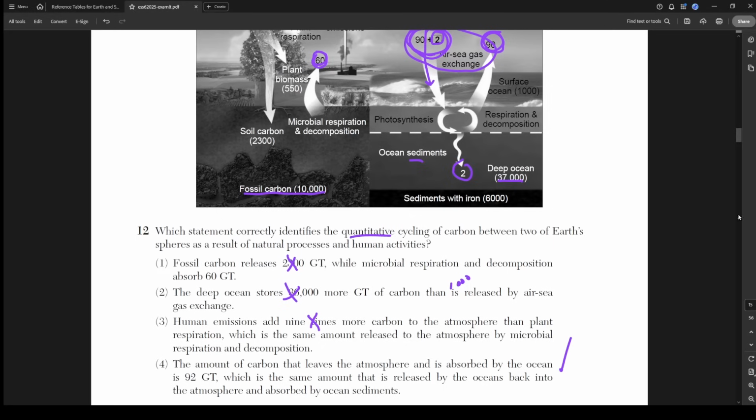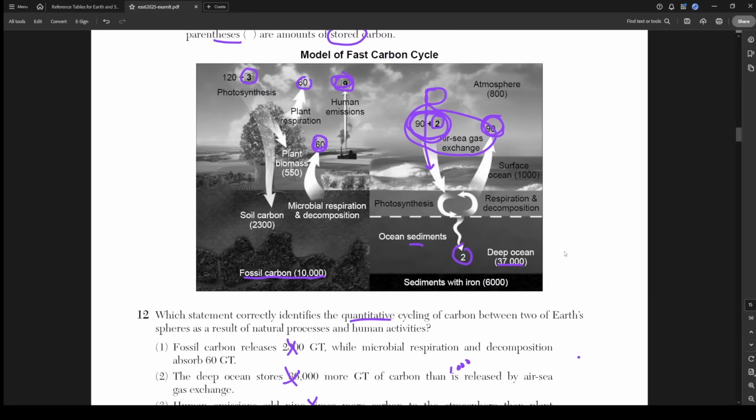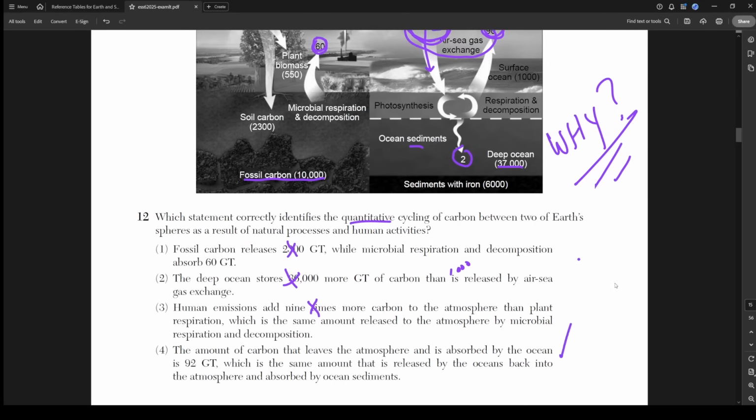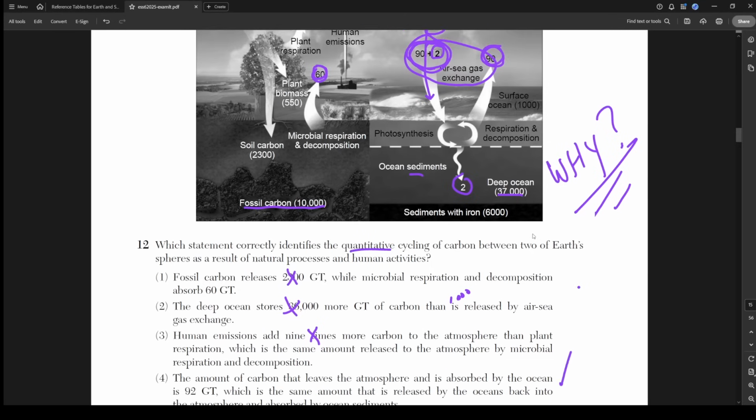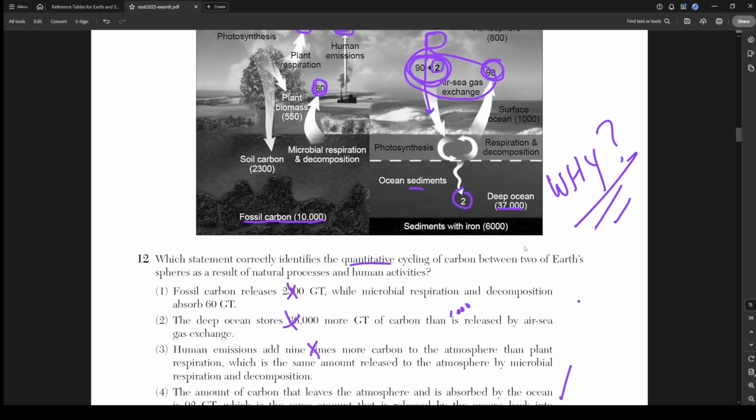This question is terrible. Like, why? That's all I'm wondering. Why? Why? I'm floored about this question. It's stupid.